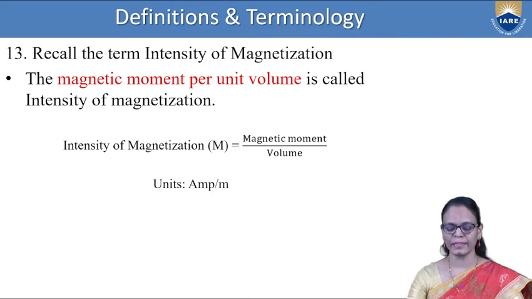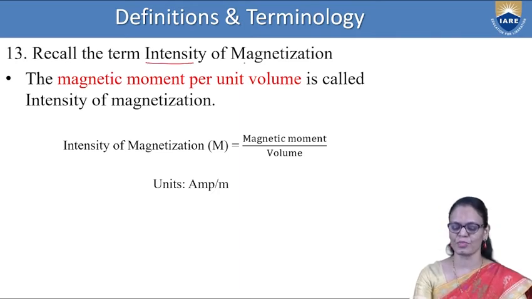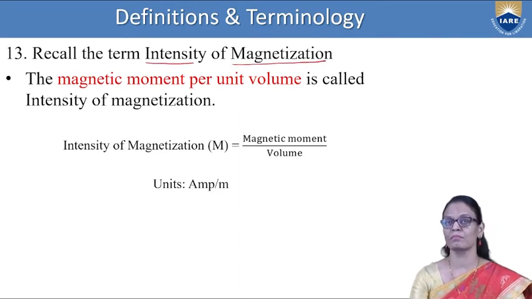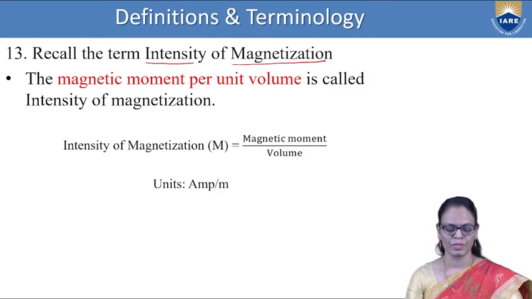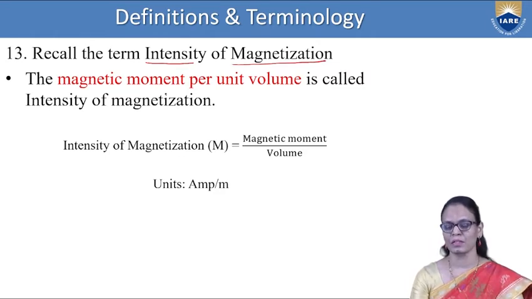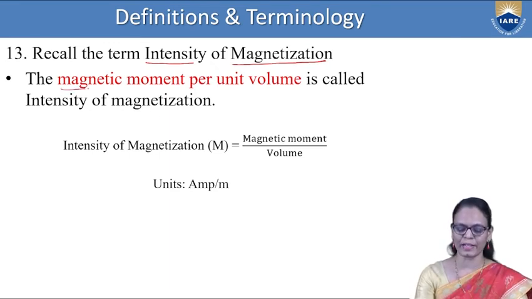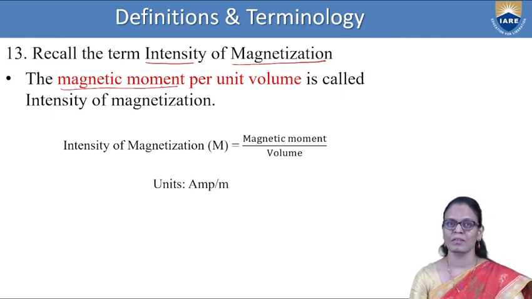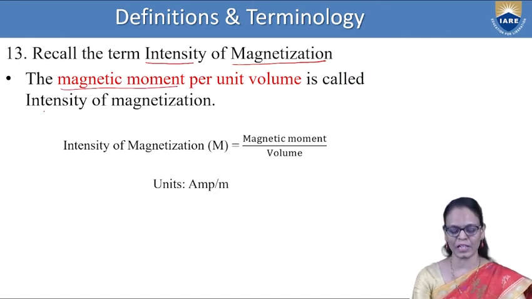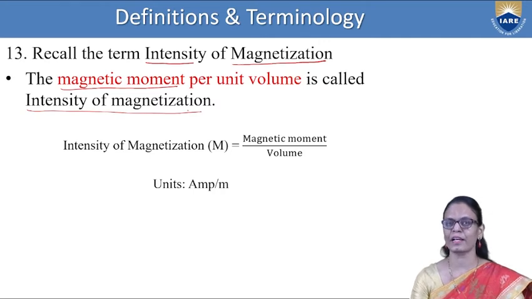Recall the term intensity of magnetization. What is intensity of magnetization? The magnetic moment per unit volume is called the intensity of magnetization. We know what magnetic moment is, so if we know the magnetic moment, we can calculate the intensity of magnetization.